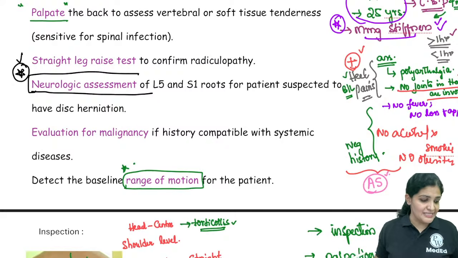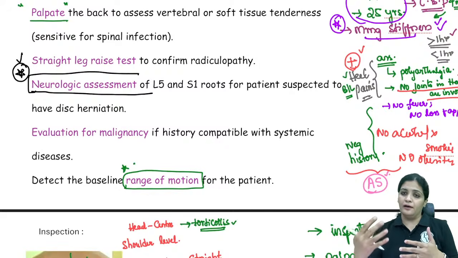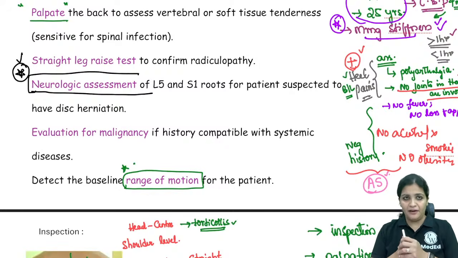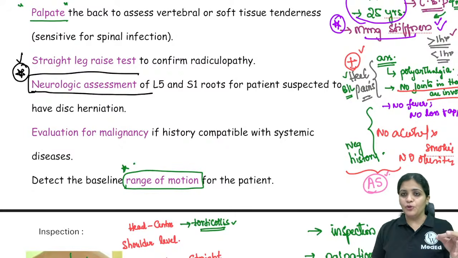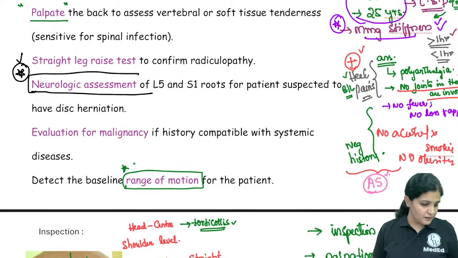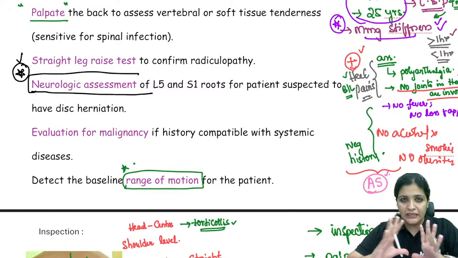So neurological assessment is very, very important. This only completes your evaluation of the back pain, right? Once you want to completely evaluate the back pain, you have to do the neurological assessment, and then only you can come to the conclusion, right?